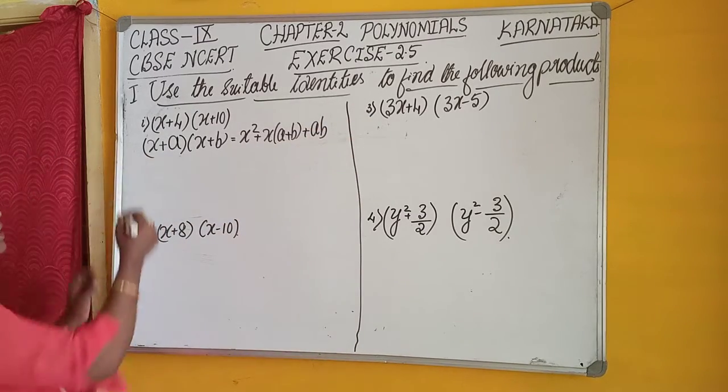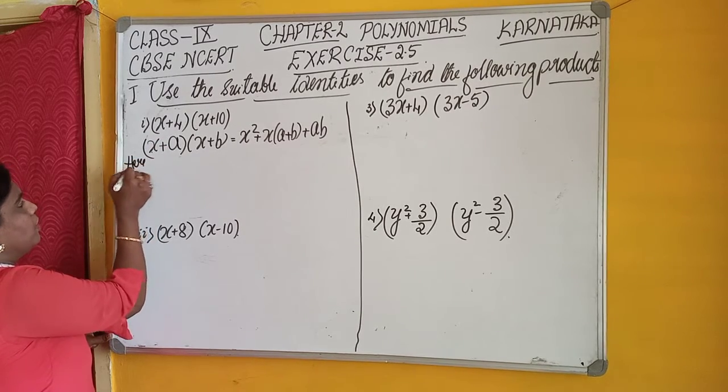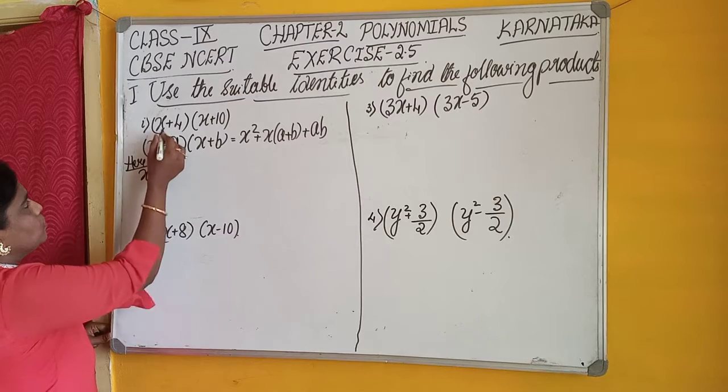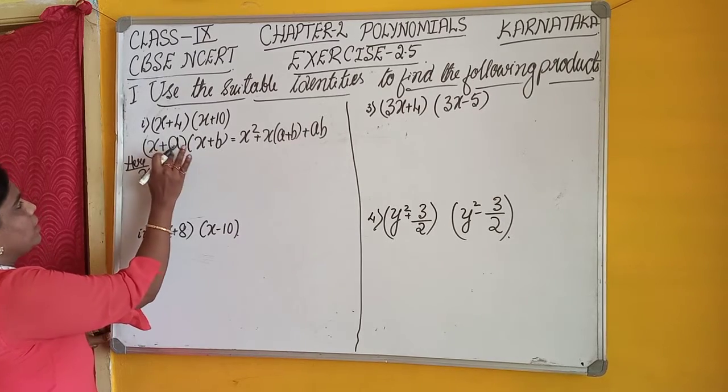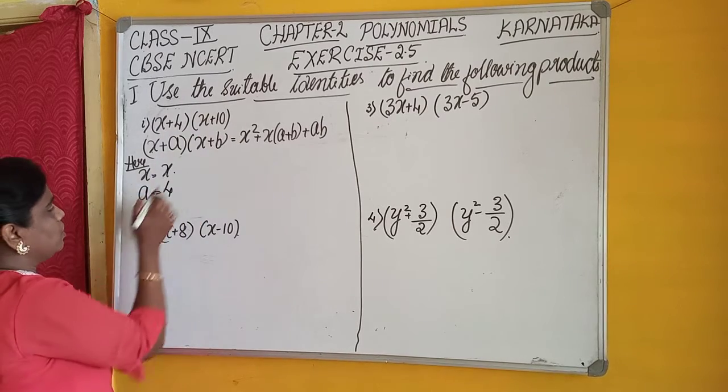Now substitute the values. In this problem, x is equal to x only, a is equal to 4, and b is equal to 10.